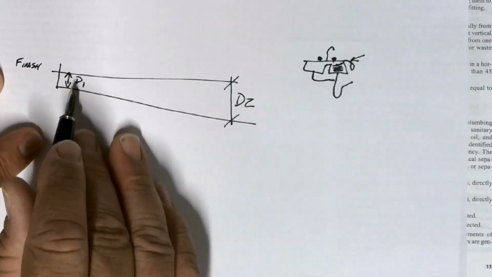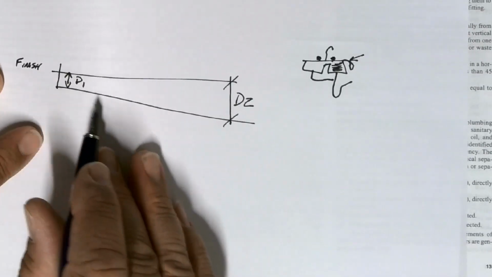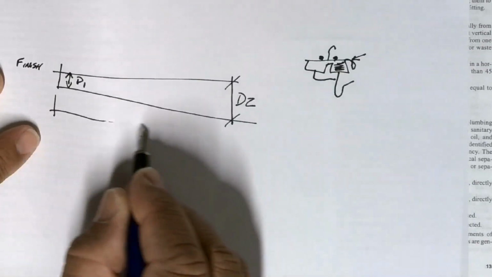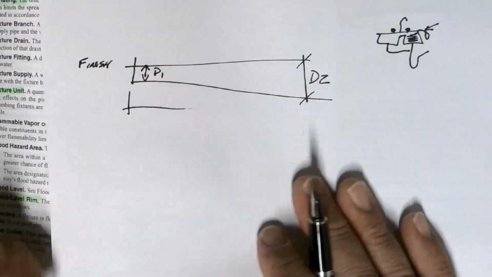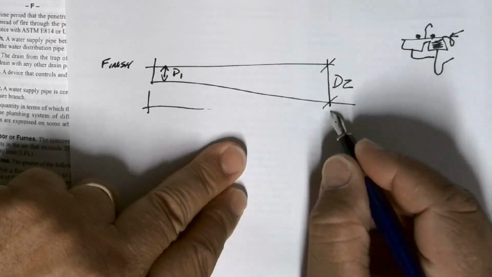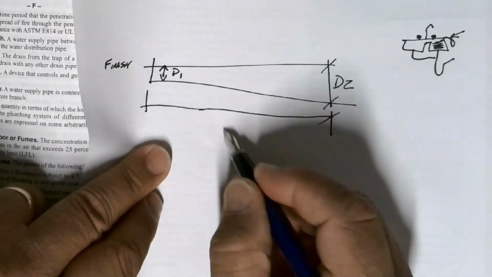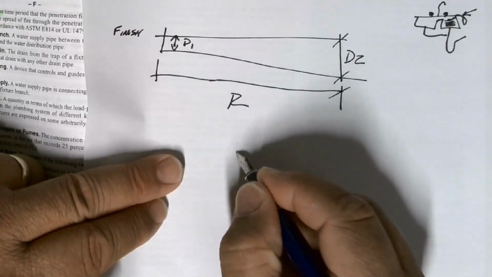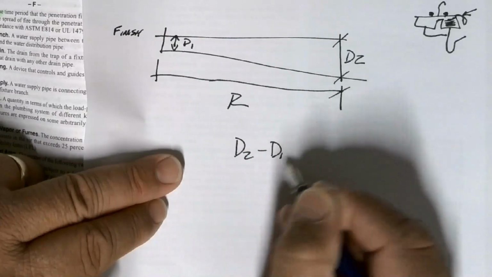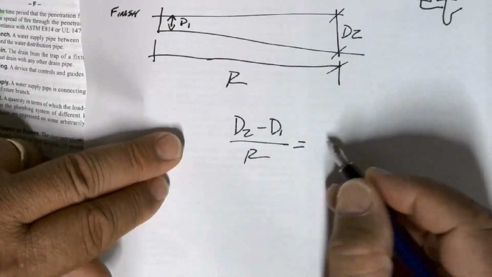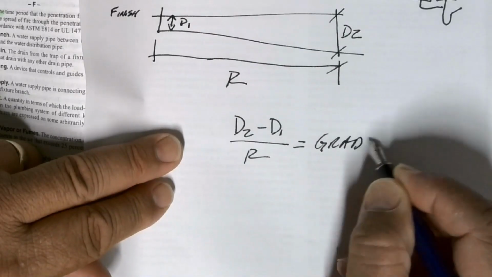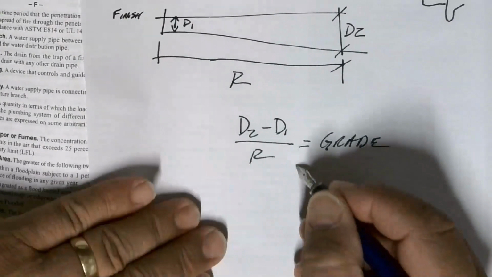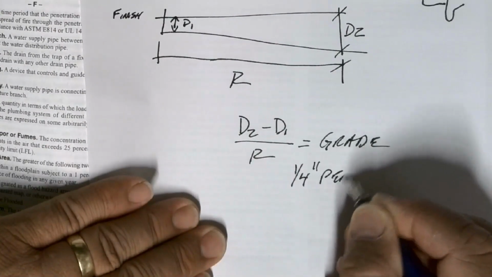Okay? And your pipe, which is here, is running at an angle. So you have a distance of R. So the formula would be D2 minus D1 over R is equal to your grade, or percentage of fall. And in most cases, it's 1/4 of an inch per foot.